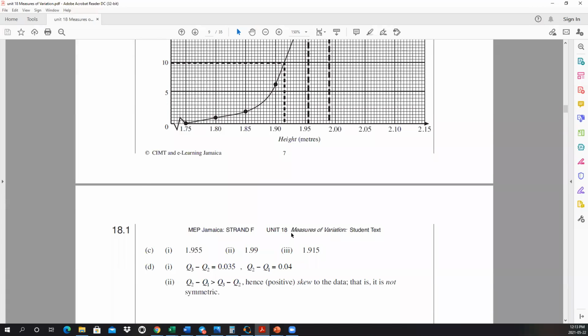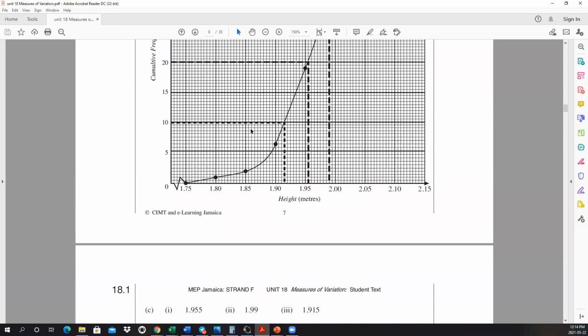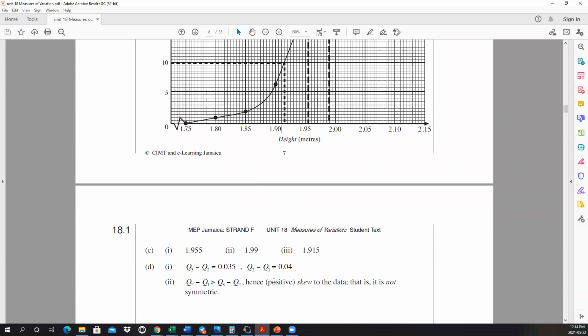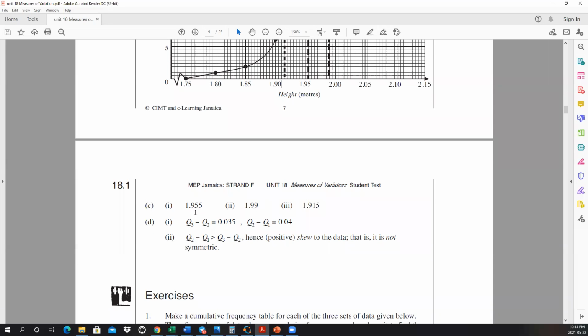So when you do the lower quartile, which is here, and then the upper quartile, which is here, and then the middle is here. And then for the answer, the difference between the upper quartile and the median. I think this is the median here, so you take the upper quartile, which is 1.99, minus 1.955, you get 0.035.